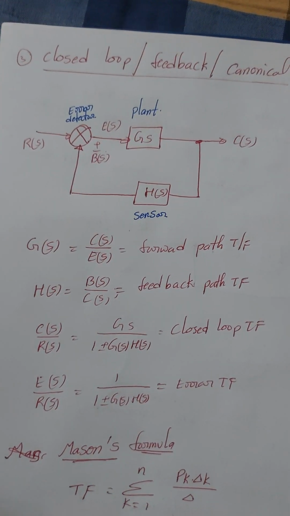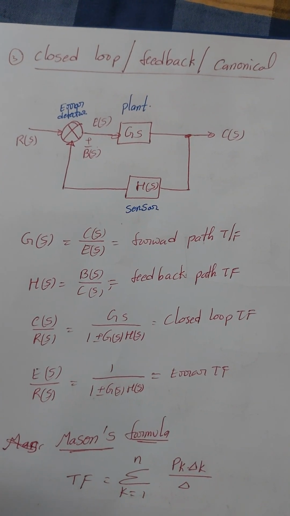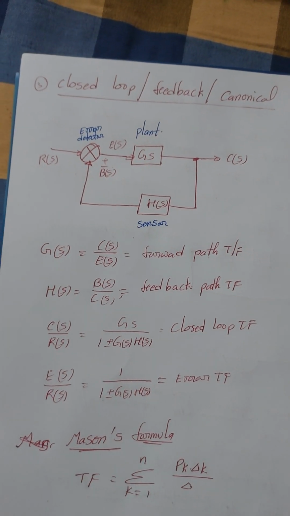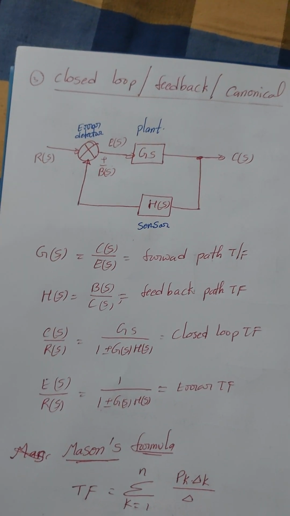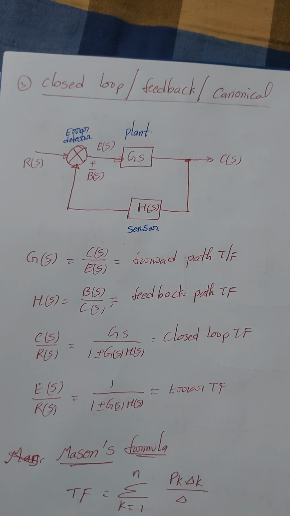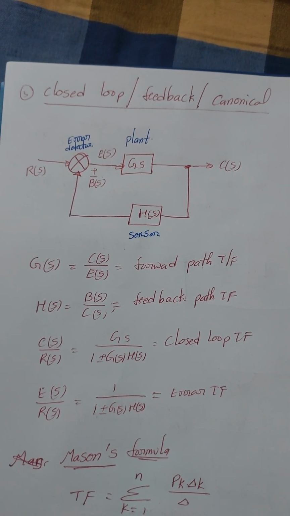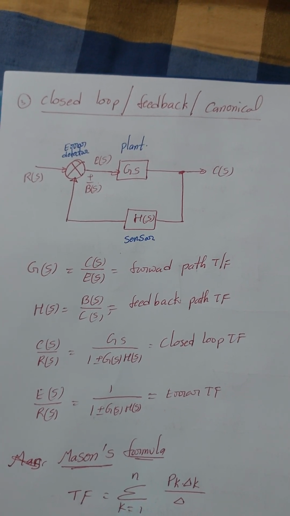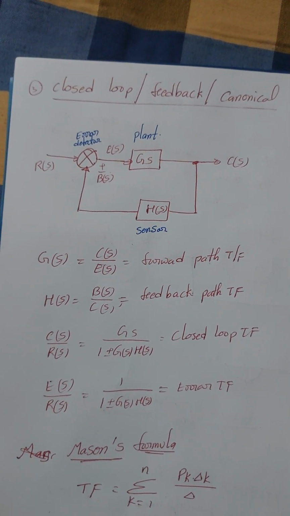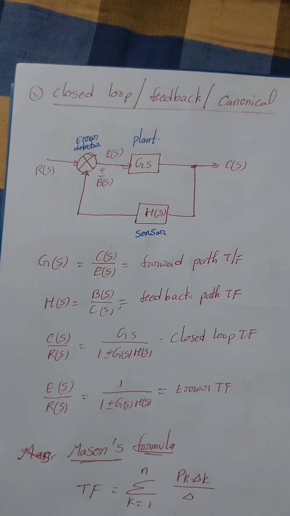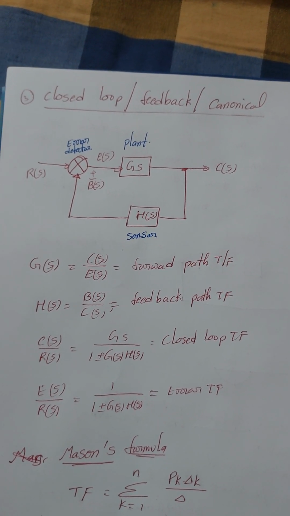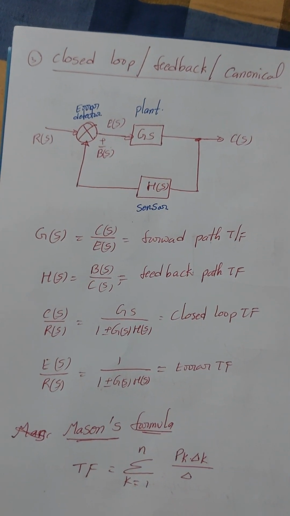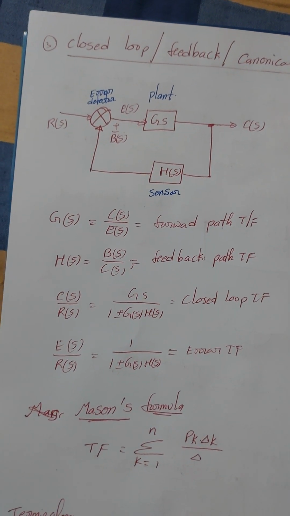First of all, G of S equals C of S by E of S, the forward path. H of S equals B of S by C of S is the feedback path transfer function. Next, C of S by R of S equals G of S by 1 plus or minus G of S into H of S is the closed loop transfer function.